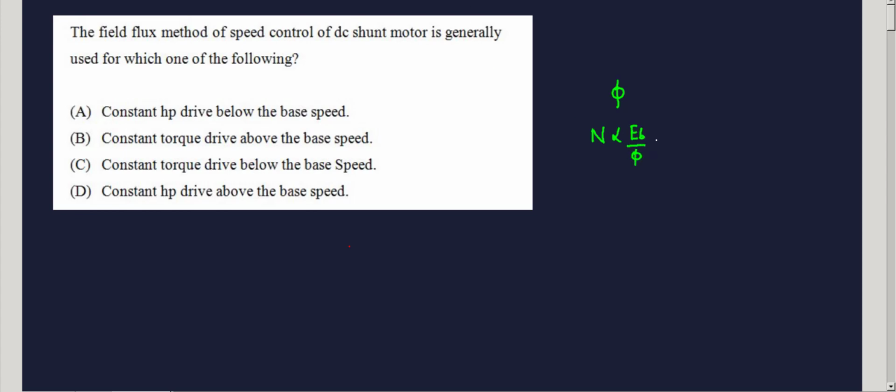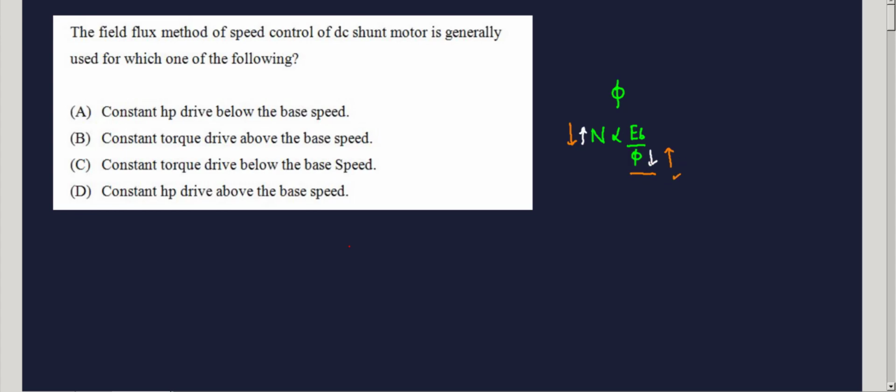If I reduce the flux, speed increases. If I increase the flux, what happens to speed? It decreases. So what can I do here? I can reduce the flux or I can increase the flux.